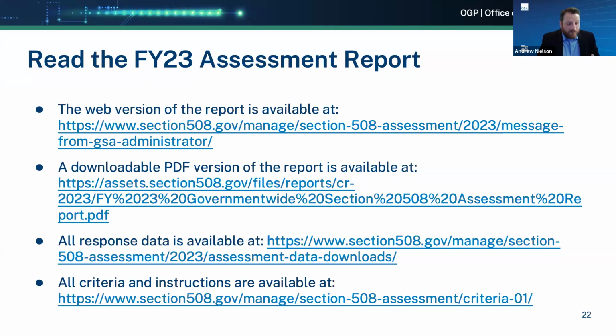You can read the full report on section508.gov. I won't read off all of the URLs here, but we'll note that this presentation is available in the download section for the ASU Accessibility Day website, in the agenda, I believe, somewhere. But you can also get there by going to section508.gov and then using the search to search for assessment or congressional report, and you can find your way there.